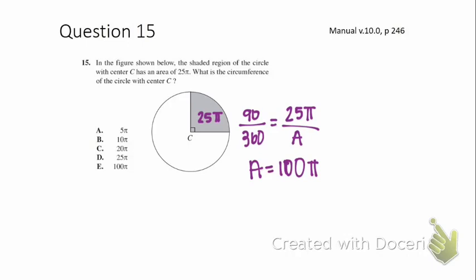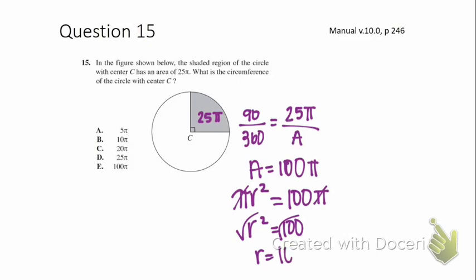So this is important because it allows us to find the radius of the circle, which I need to find the circumference. So I know that the formula for area is pi r squared. Okay, so I'm going to replace that with pi r squared equals 100 pi. I can get rid of the pi's, so r squared equals 100, which tells me that the radius, when I take the square root, is 10.